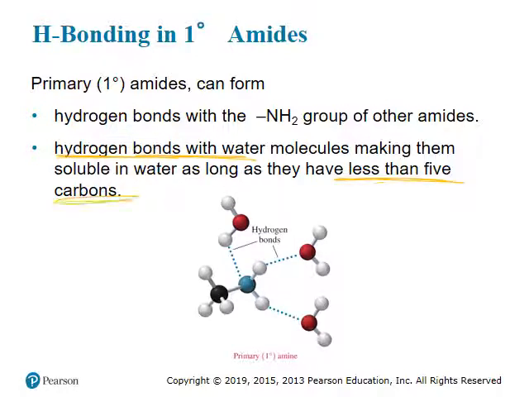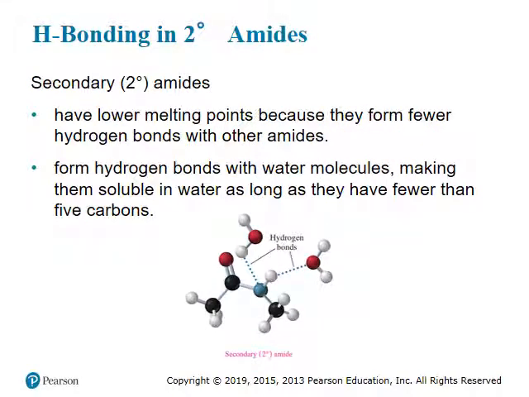When the number of carbons increases beyond 5, the effect of these hydrogen bonds decreases and the compound becomes insoluble. Okay. Secondary amides, same thing we just saw, they can form hydrogen bonds, therefore they have a little lower melting point than primary, but they can still form hydrogen bonds. And again, regarding solubility, as long as they have fewer than 5 carbons, they will be soluble.